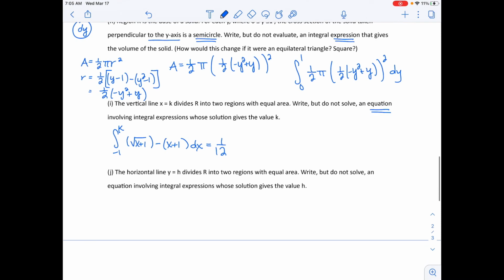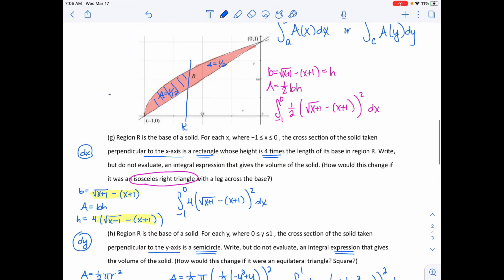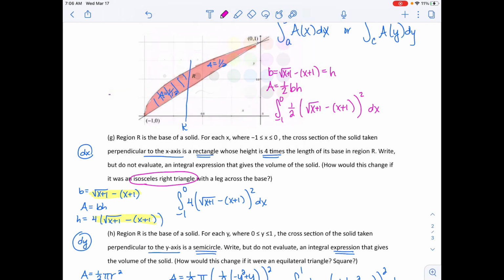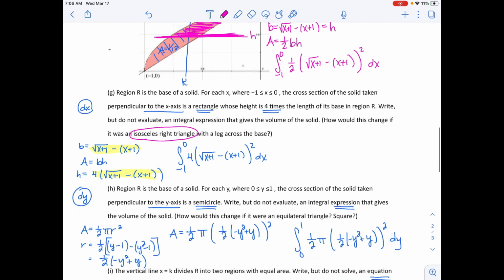All right, part J, same thing, except a horizontal line. So we're going to split the area in half again. Except we're going to do the area this way. So we're going to have some h this way. And so this area is 1/12. And so we need to do it in terms of y.